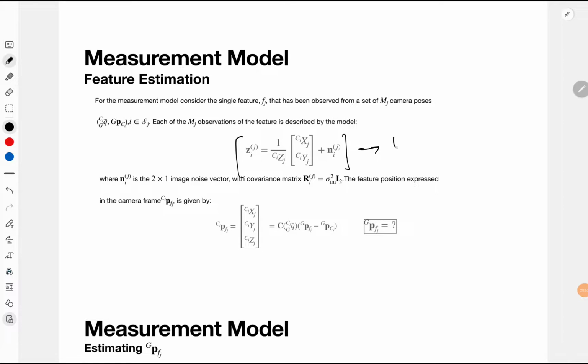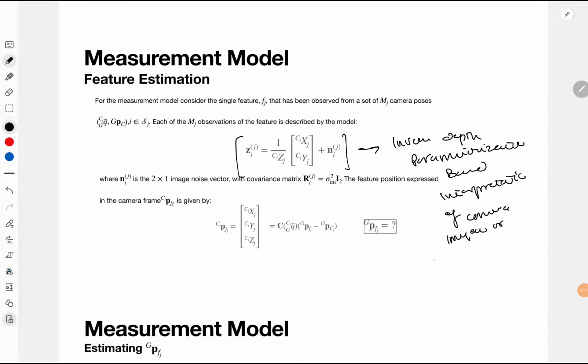This comes from an inverse depth parameterization based interpretation of camera images, or features in a camera image. So this was a technique, I believe, that was developed for SLAM, and they're using this sort of representation for features in the camera frame.